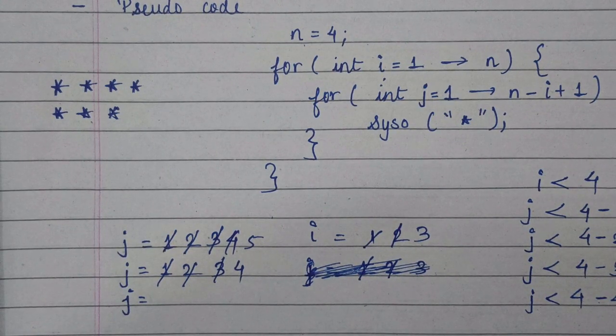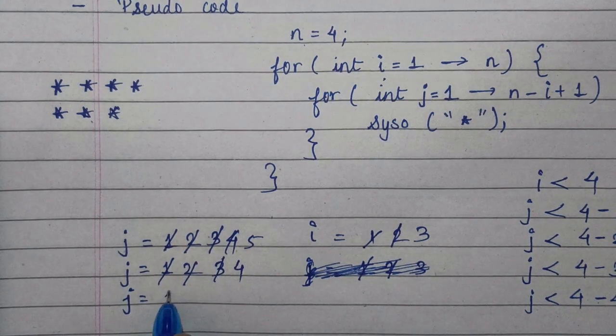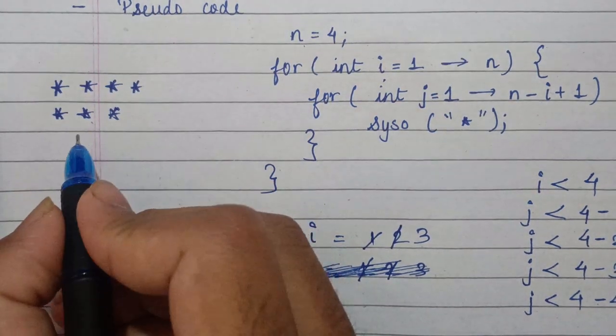I's current value is 3. Is 3 less than or equal to 4? The condition will be true, then it will enter into the inner for loop, then j's value gets initiated to 1. Okay, is j less than or equal to 2? The condition is true and it will print a star.